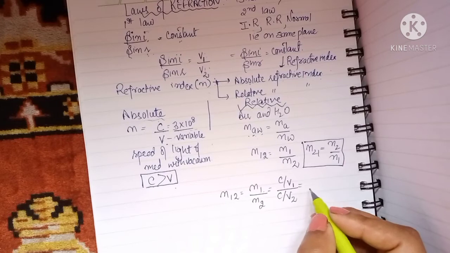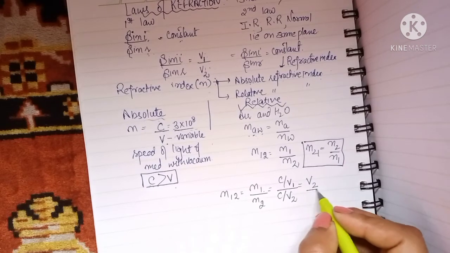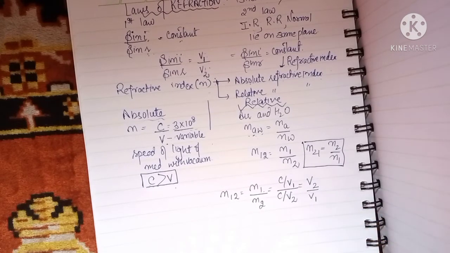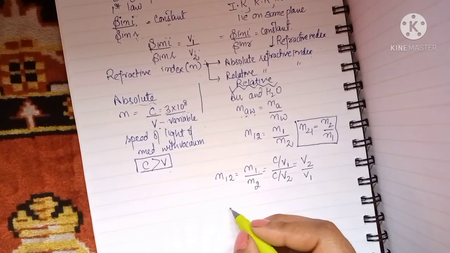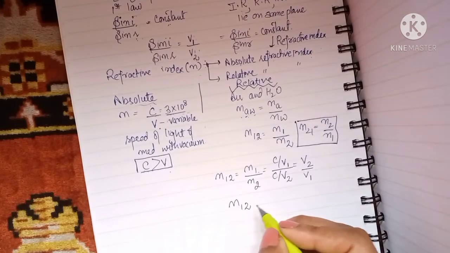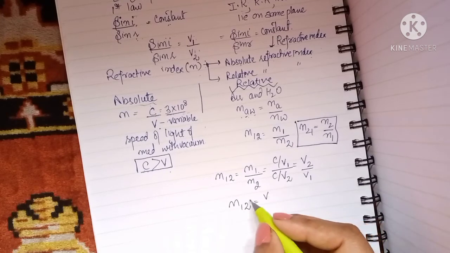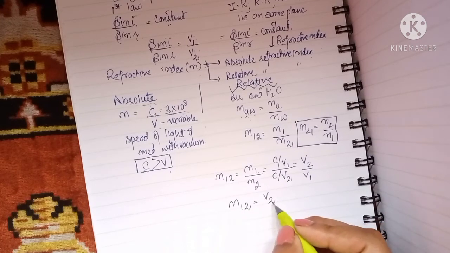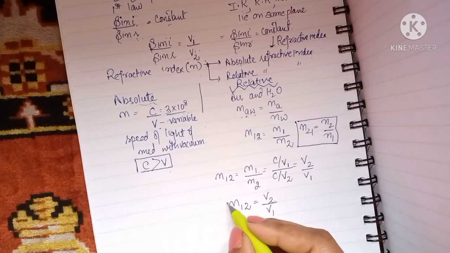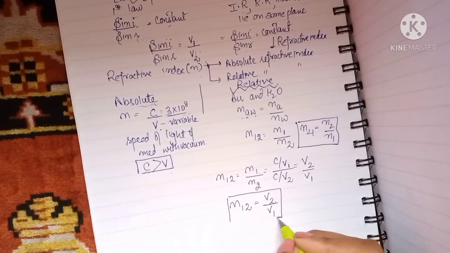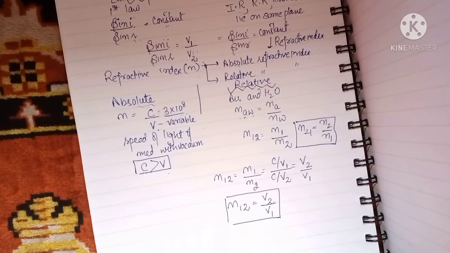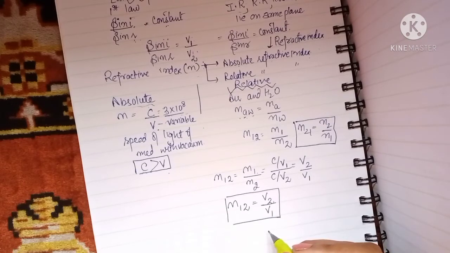Now what will you get? You will get v2 upon v1, right? So when you write the refractive index in terms of velocity, it changes: the second one becomes the numerator and the first one goes in the denominator. These are the formulas you have to remember from the examination point of view, right?